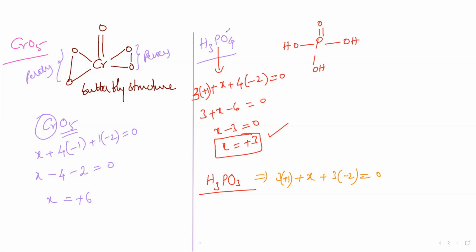Here, 3 plus X minus 6 equal to 0. X minus 3 is equal to 0.